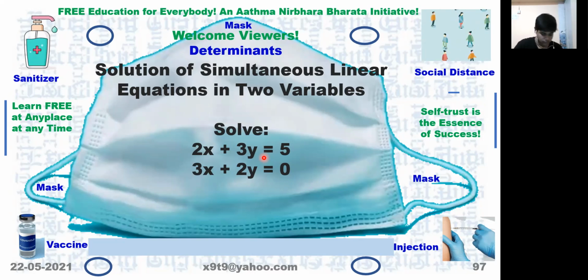Sir, value of what? Delta x. No. See, you have already calculated delta x and delta y. How much did you get for delta? Delta is minus 5.